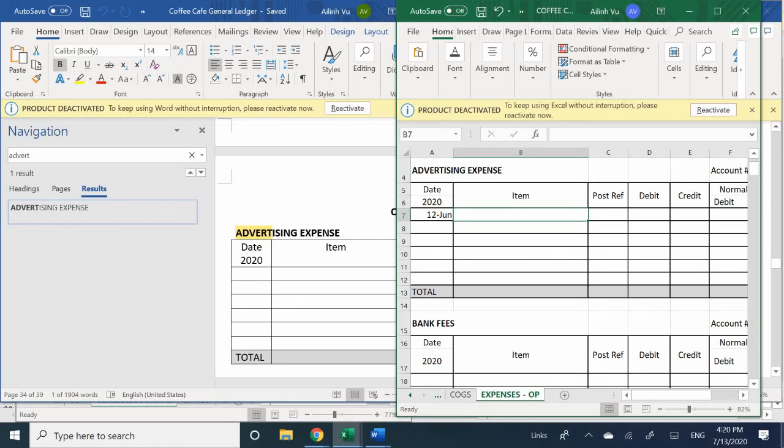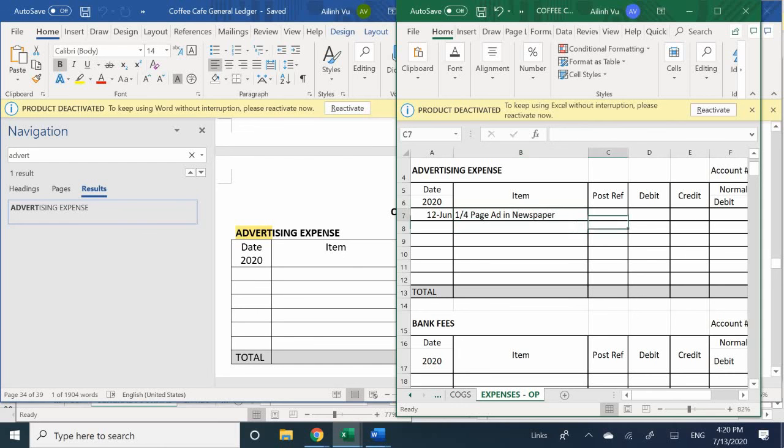And we're going to write that it's for a 1.5 page ad in newspaper. Oh, it's a quarter page. Oh, thank you. So quarter page ad in newspaper.